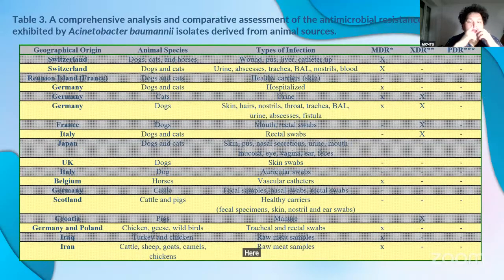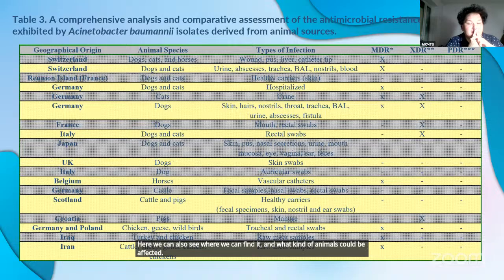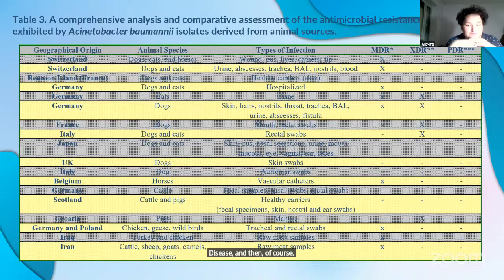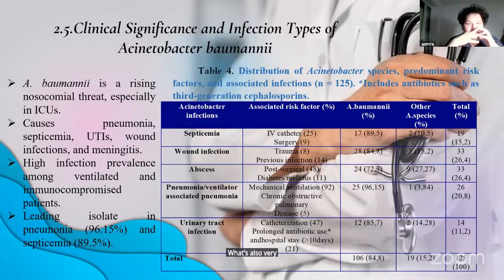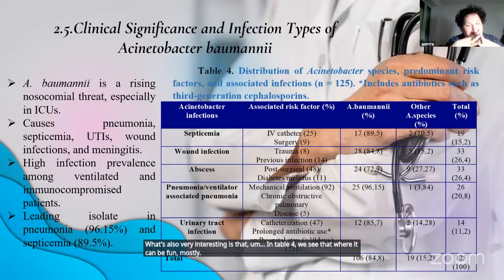Here we can also see where we can find it and what kind of animals could be affected by this disease, and then of course transferred to humans. So there is actually no need to read it out. What's also very interesting is that in table 4 we see where it can be found mostly. Urinary tract infections also can be accompanied by this nasty bacteria.